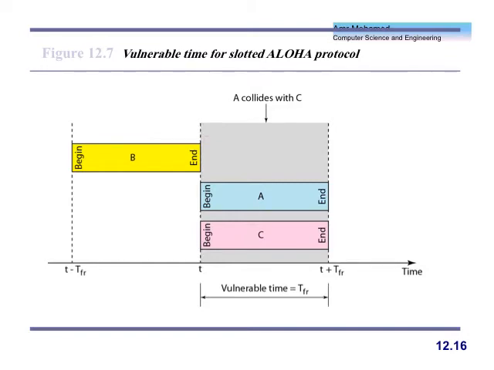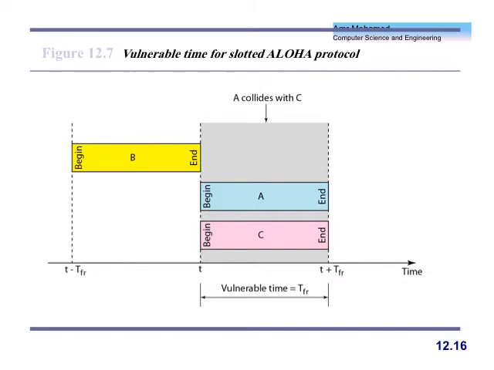So the station will in fact send at this instance, and the collision will happen, of course, because A is sending at the same time. But the collision will not happen if I send here. I cannot send here, I cannot send here, I cannot send here. So all this time is outside the vulnerable time.